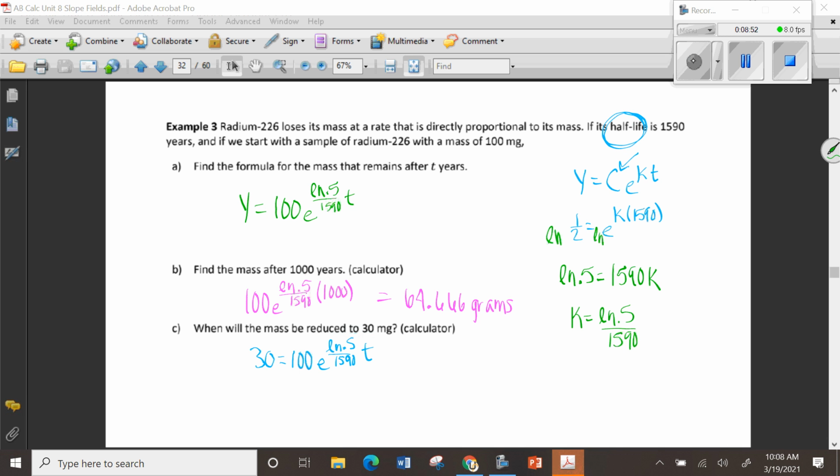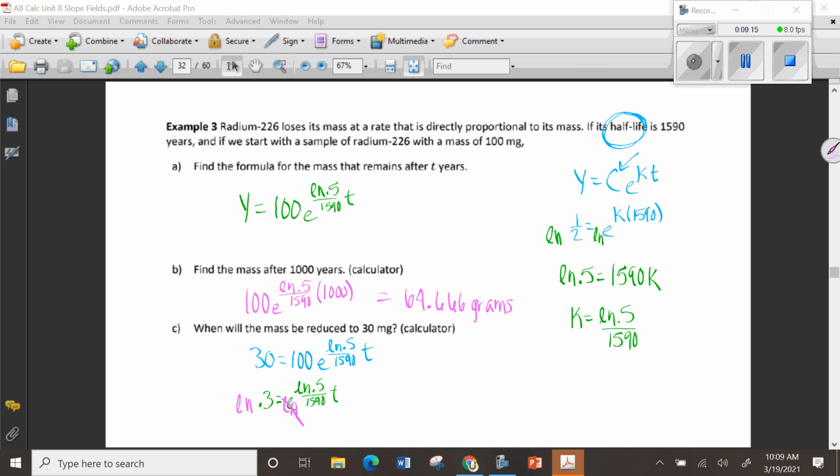So 30 divided by 100, I'm going to say 0.3 equals e^((ln 0.5 over 1590)T). And now I need to clear e. How do we clear e? Well, we're going to use ln again. So I'm going to do ln on both sides. It's going to clear e.